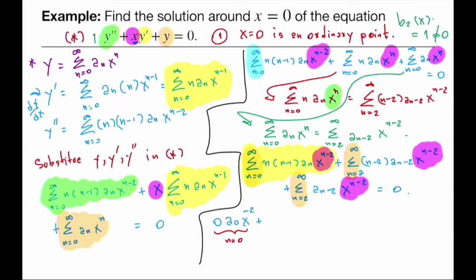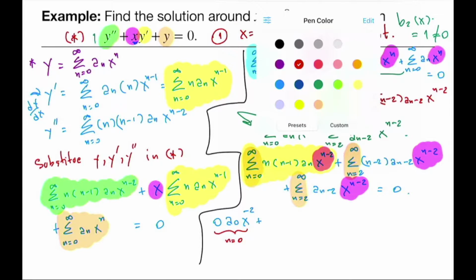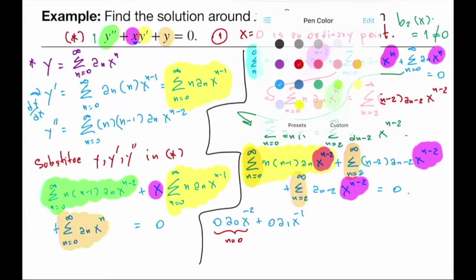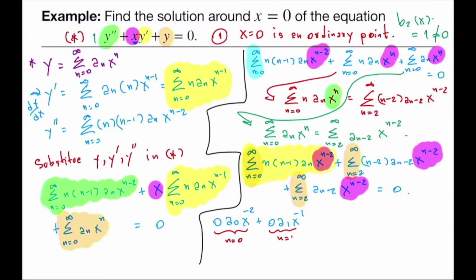Another term would be when I substitute n with 1, so I still get 0 as well, right? Because 1 minus 1 here would be 0. You will get 1 times 0, and that is still 0. And I get 0 a1 x to the minus 1. Okay, this is when I substitute n with 1.